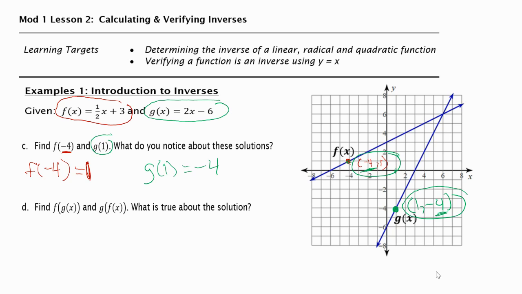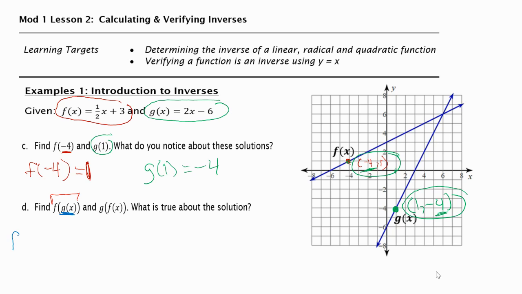For the last piece here, it says, if we find f of g of x and g of f of x. If I take these two functions, I start by looking at the inside first, g of x.